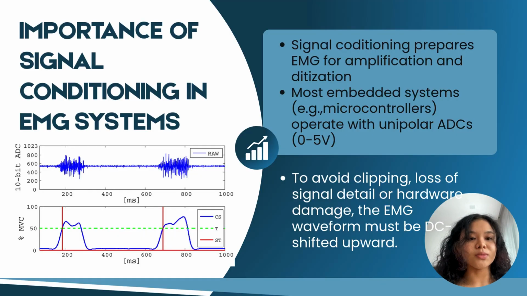Most embedded systems, such as microcontrollers, operate on unipolar ADCs, ranging from 0 to 5 volts. So, to avoid clipping, loss of signal detail, or hardware damage, the EMG waveform must be shifted upwards in DC. Applying a DC offset is achieved by a positive clamper to shift the bipolar waveform upward and keep it fully within the 0 volt range.